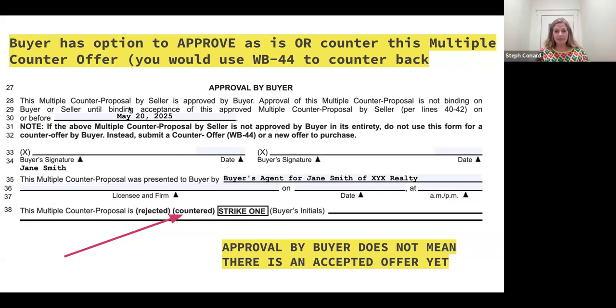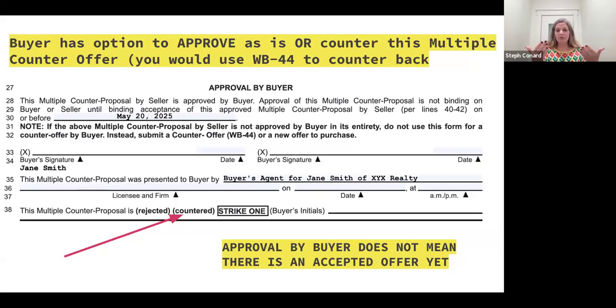In essence, the seller could be collecting multiple approved multiple counter offers. They've got 3 multiple counter offers out there and maybe all 3 buyers approved that. So now the seller has the pick of the litter in terms of what offer they ultimately want to go with.